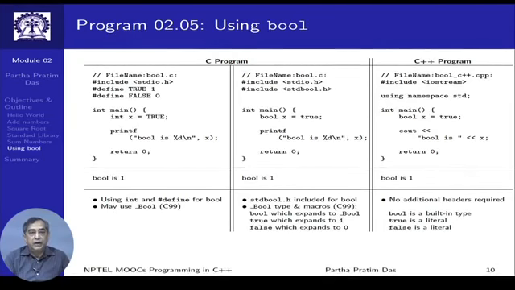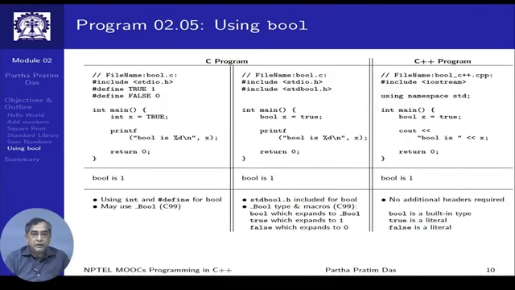So, what it did is it was using the int to interpret bool, that is, anywhere you want to put a Boolean condition or a Boolean value, you will declare an int variable and set that to 0 if you want to mean false, and set that to something non-zero if you want to mean true.